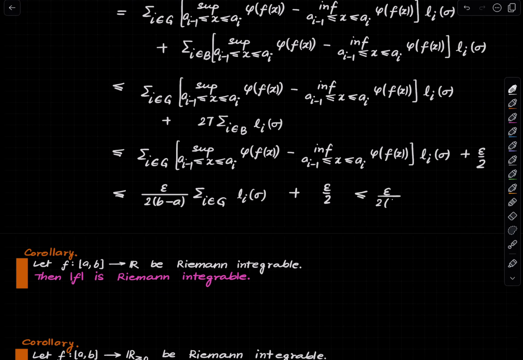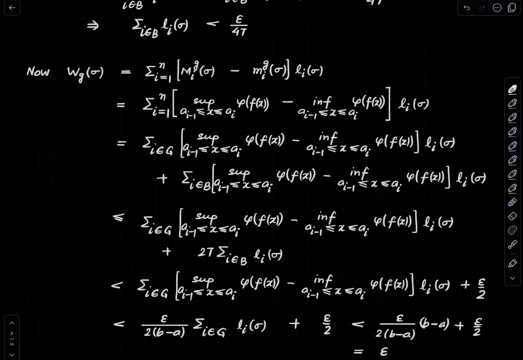Here we could have written a strict less than. So this is b minus a times epsilon by 2 and then plus epsilon by 2, which is epsilon. So we are done. We have indeed shown that this is less than epsilon.